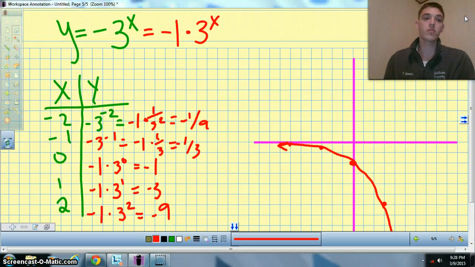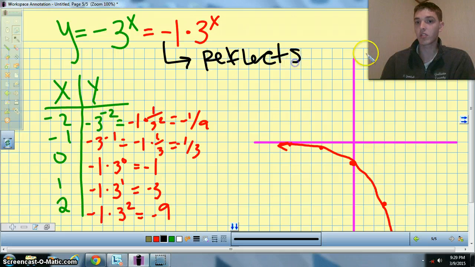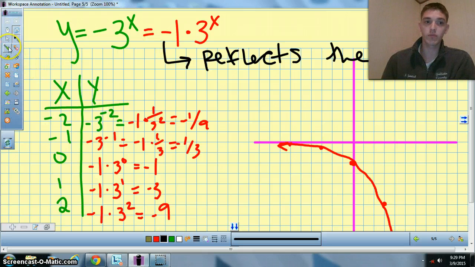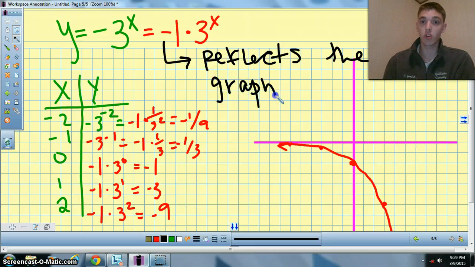So the negative reflects the graph over the x-axis.